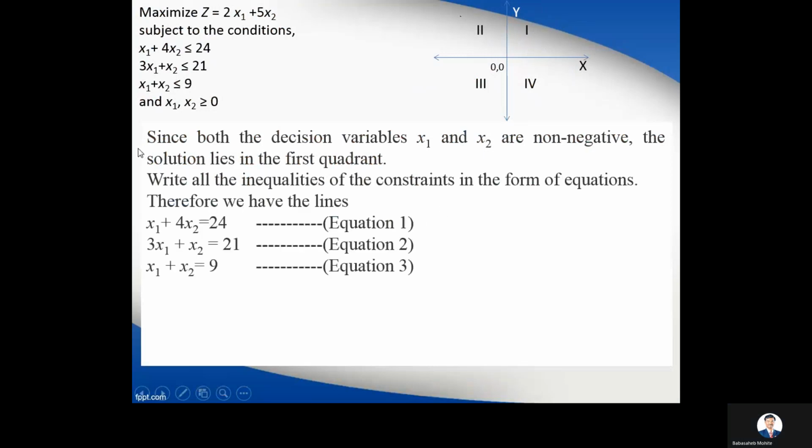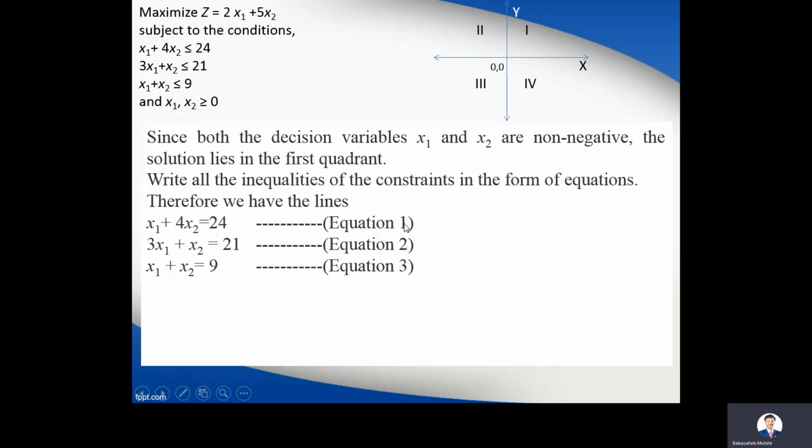Second step is that you have to remove the inequalities from your constraints. So write all inequalities of the constraints in the form of equations. What you have to do is just remove these inequality signs and put an equal to sign in the given constraints. So in my first constraint, if I remove this less than or equal to sign, then I will get x1 plus 4x2 is equal to 24.